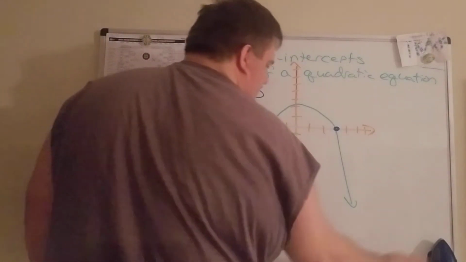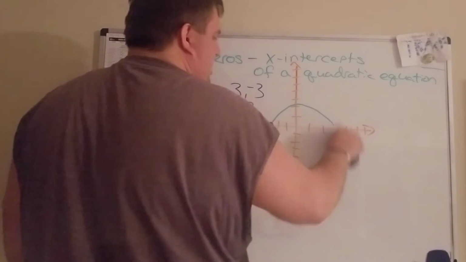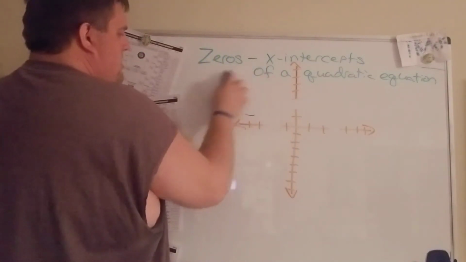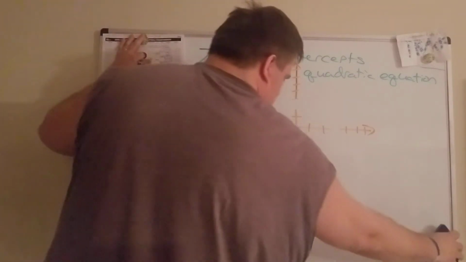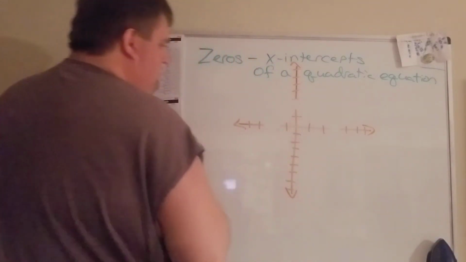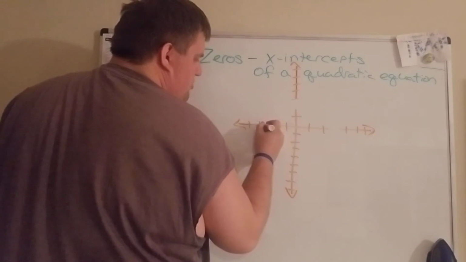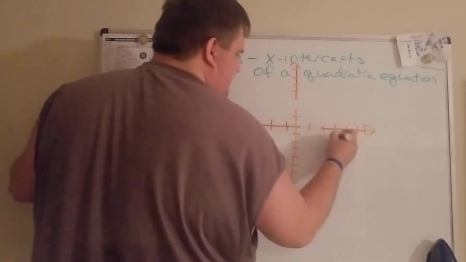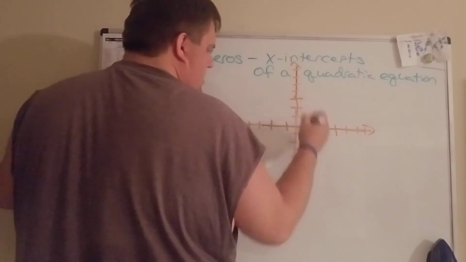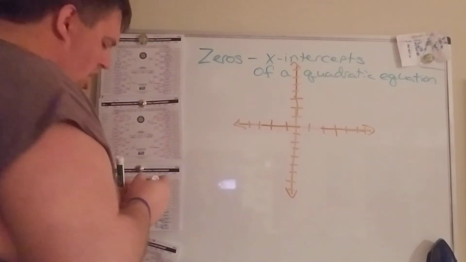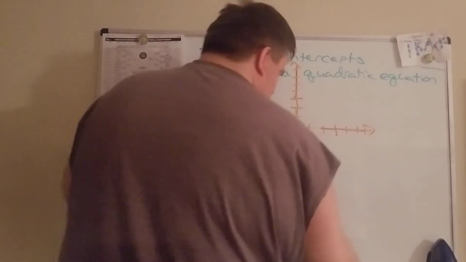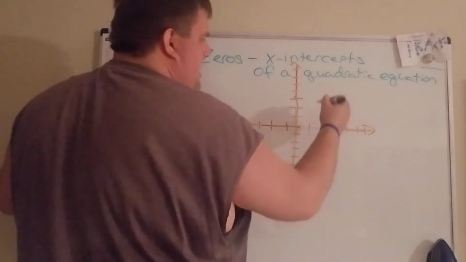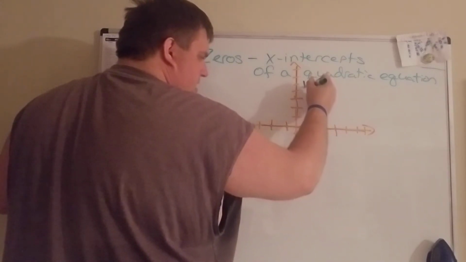However, we have some other options as well. I'm going to try not to ruin my graph here too much. There we go. So we can also have the situation where my vertex is directly on the x-axis. So here's my graph still. And this time my graph looks something like this.